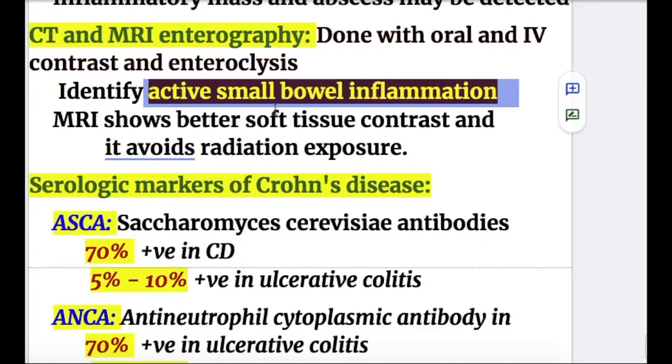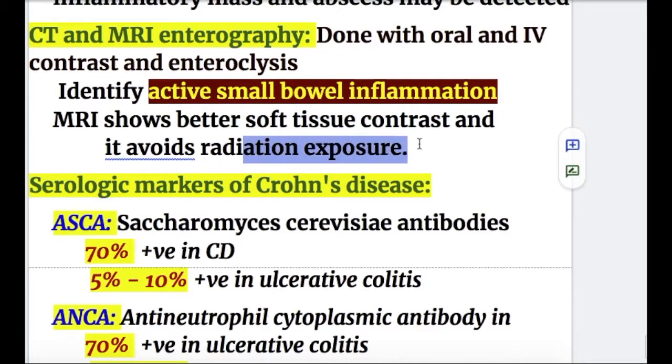MRI shows better soft tissue contrast and it avoids radiation exposure. But CT is done easily and it's available at many places. So CT and MRI enterography are done with contrast and enteroclysis, and these identify active small bowel inflammation. MRI shows better soft tissue contrast and it leads to less exposure to radiation.